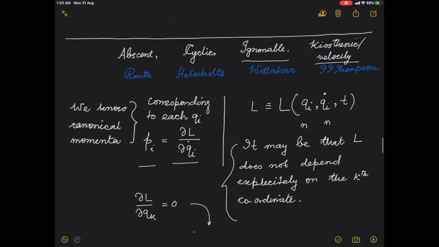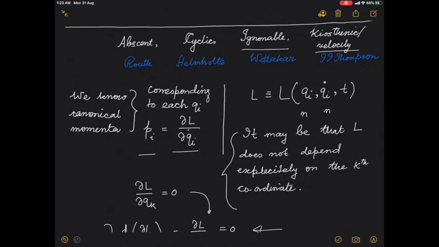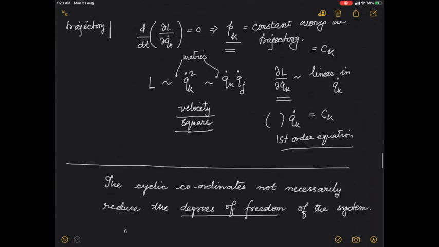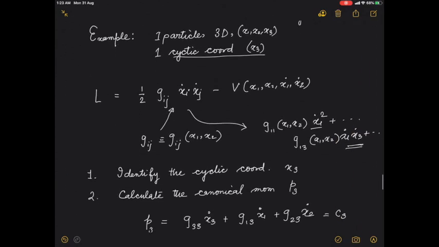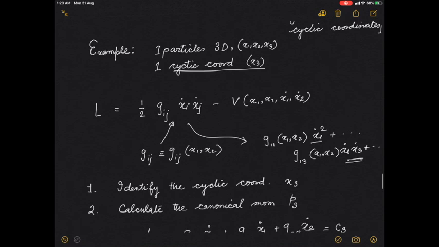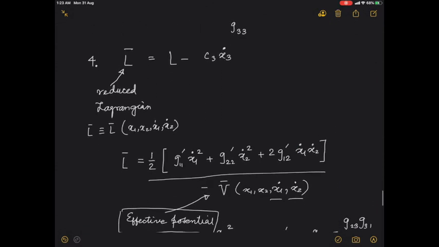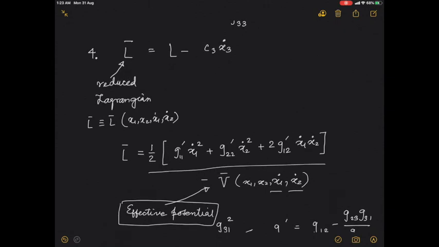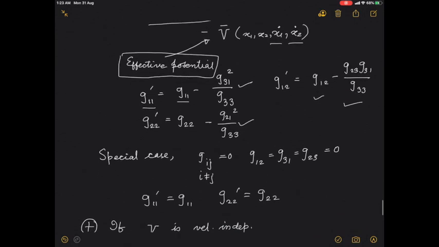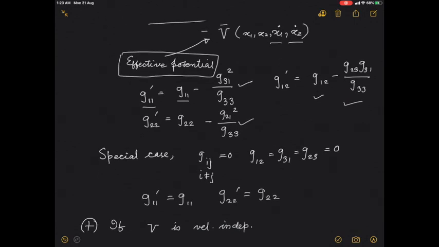And then we came to the discussion of the absent, cyclic, ignorable, or velocity variables. If one coordinate is absent in the Lagrangian, the corresponding momentum is conserved. And if that is the case, you can use Routh's prescription to reduce the dimensionality of the Lagrangian, because that's obviously useful. And if you do that, it doesn't only change the kinetic term, but it also changes the potential term, so you get an effective potential.